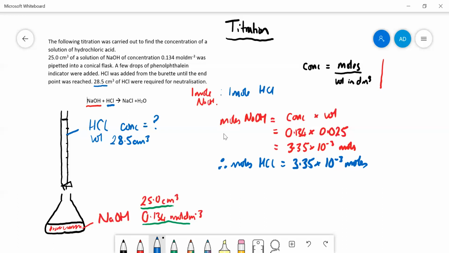So now we know the moles of HCl and we know the volume of HCl. Okay, so we can work out the concentration. So concentration of HCl is equal to the moles over the volume, which is equal to 3.35 times 10 to the minus 3, and we had 28.5 centimeters cubed, which is equal to 0.0285 dm cubed.